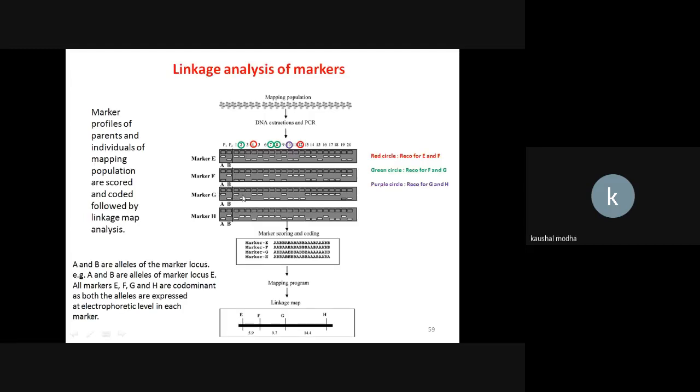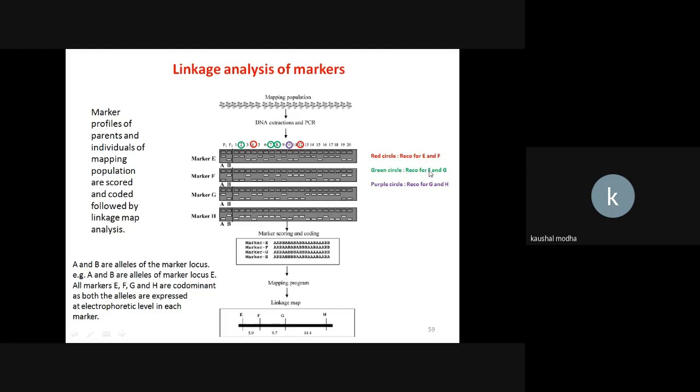The second RIL here is recombinant, because the profiles are similar to both the parents. One allele is similar to P1, another allele is similar to P2. So this is recombinant.